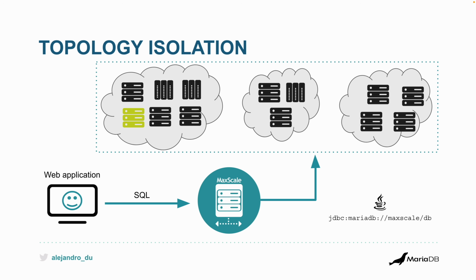You don't need to worry about it. So this is more or less how you do read-write splitting, and how MaxScale allows you to even use more complex topologies, completely isolated, and they evolve without affecting web applications or applications in general.